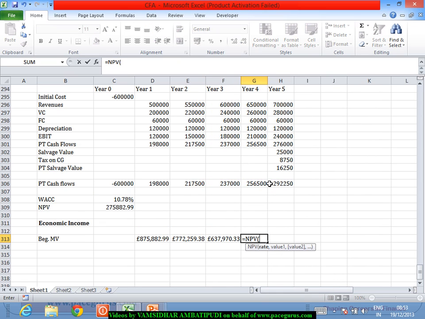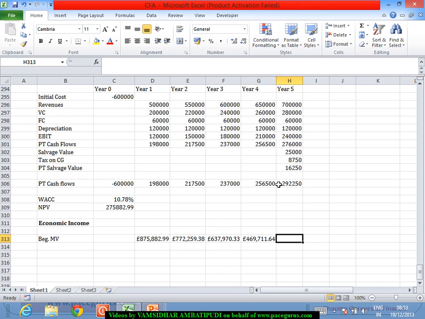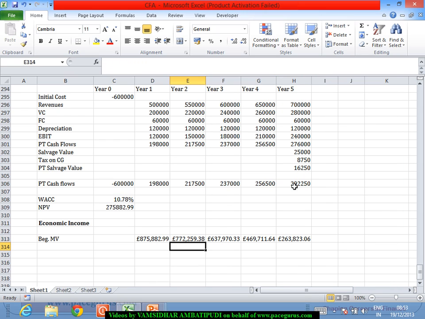At the fourth year, the NPV is going to be 469,000, and in the fifth year the NPV is going to be 263,000. These are the beginning of the period market values, and the end of the period market values are simply the beginning ones for the next year.